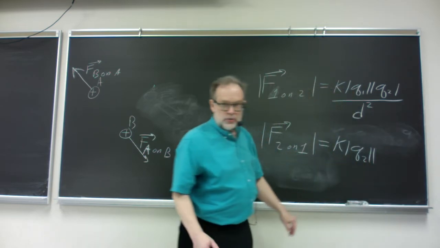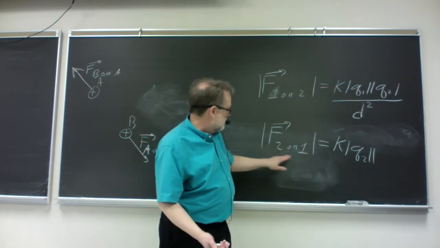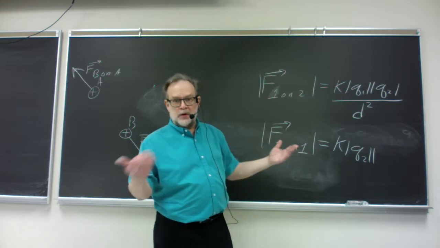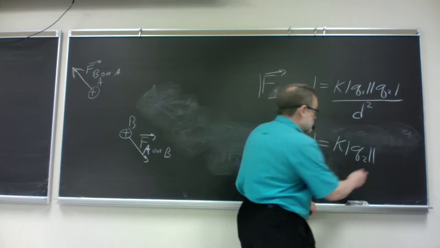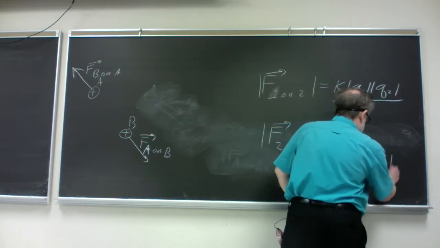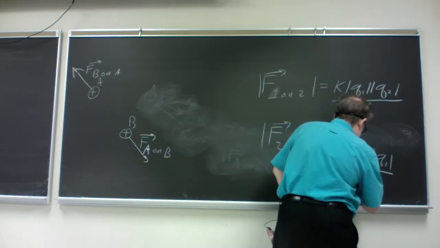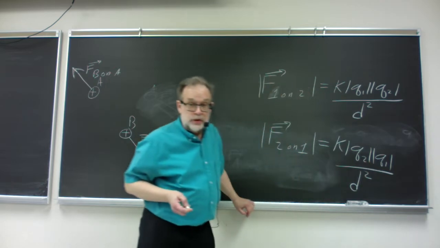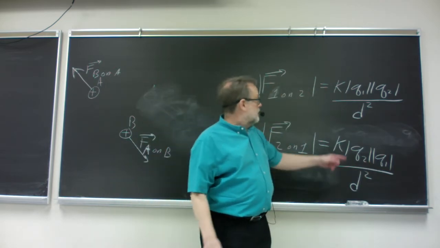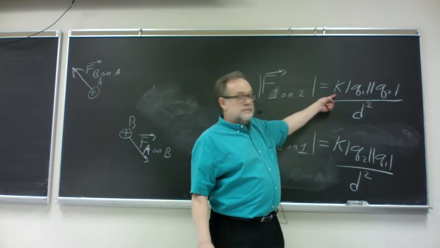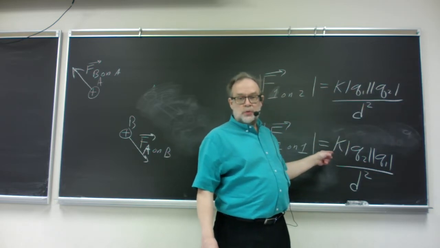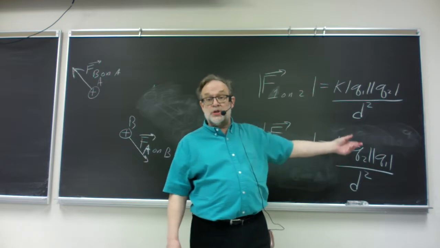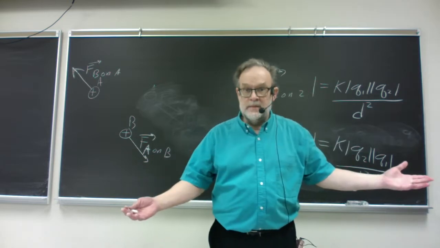And then the magnitude of the charge that is feeling the force. This is a force acting on 1. Thing 1 is feeling the force, so the magnitude of its charge goes here, divided by the square of the distance between the two charges. But look, this numerator is k q1 times q2. This numerator is k q2 times q1. Same result.